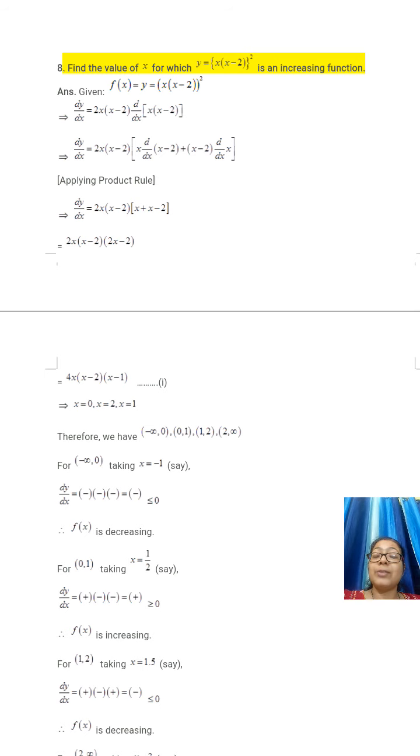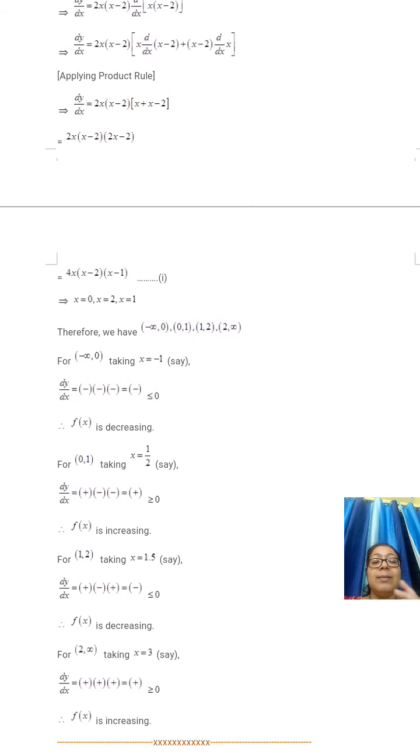So three values of x we are getting: x equal to 0, 2 and 1. So there will be 4 intervals: minus infinity to 0, then 0 to 1, then 1 to 2, and 2 to infinity.